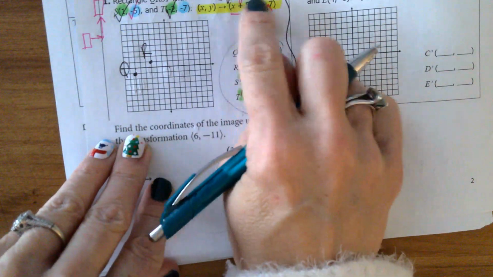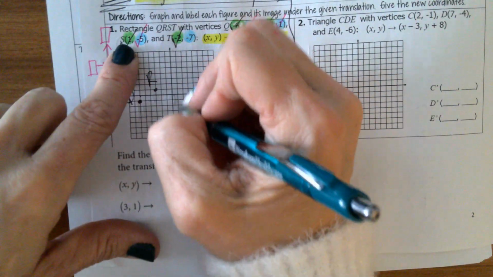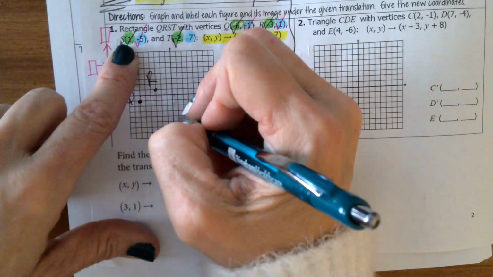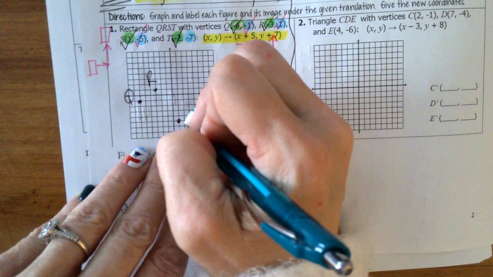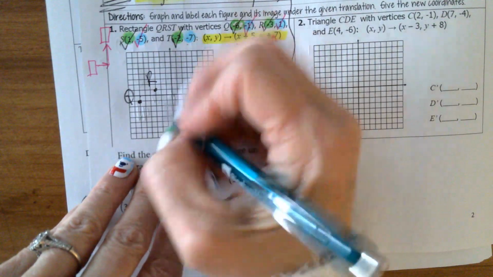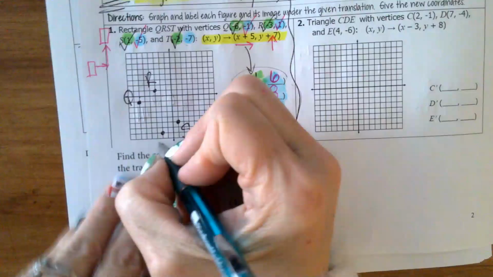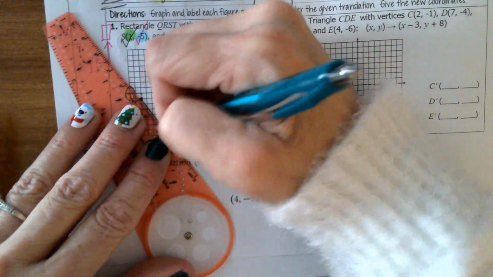I'm doing these up here. I have a 1 and a negative 5. Okay, that's S. And then T is a negative 2, negative 7. Okay, and that's my original rectangle. So I just connect the dots, make the shape.